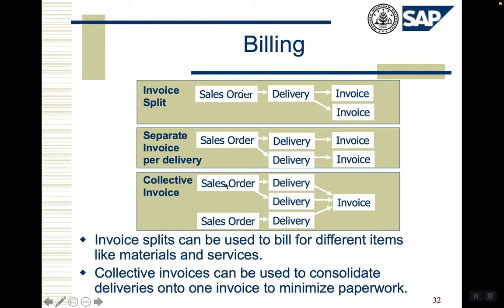Or we can create a sales order that will have multiple deliveries, but then we would have a consolidated, collective invoice. So say, for example, a company buys stuff over a 30-day period and only wants to see one bill instead of getting 30 bills. These are all different ways these processes operate in the real world.